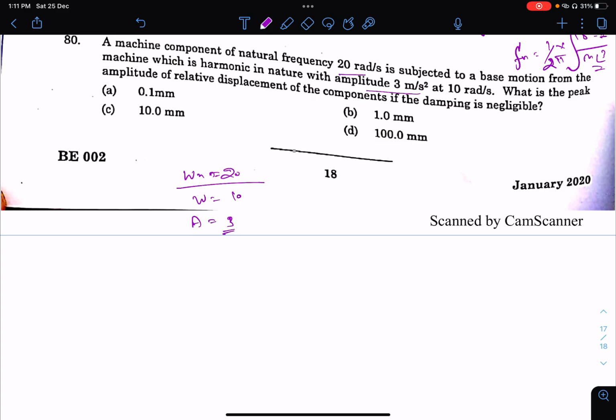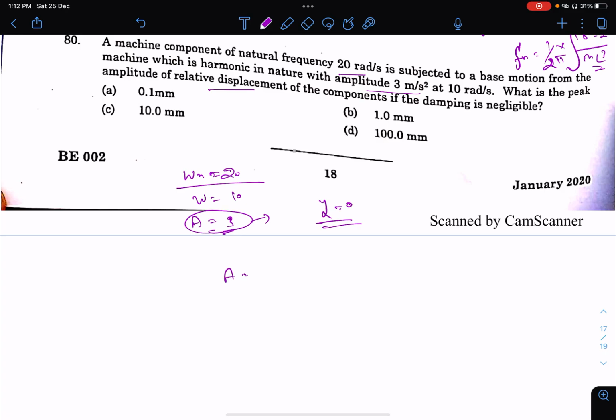But this is our maximum amplitude. What is the peak amplitude of relative displacement of the component if the damping is negligible? So zeta is given 0.